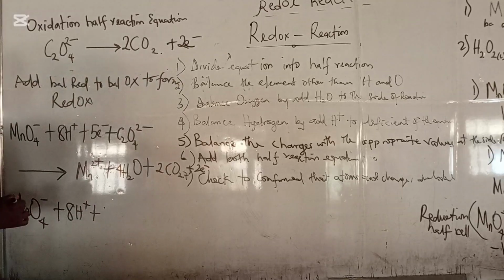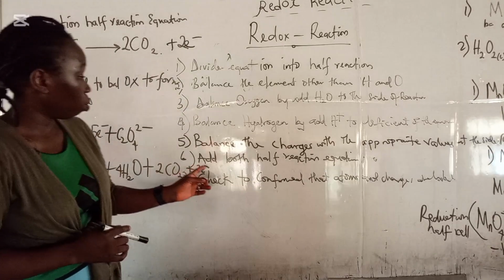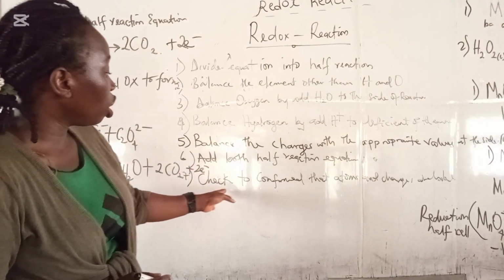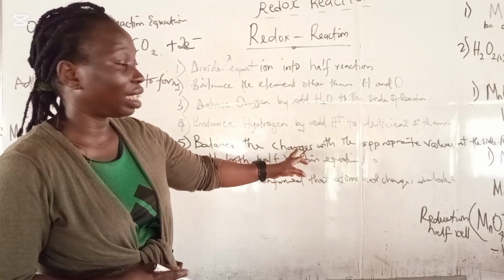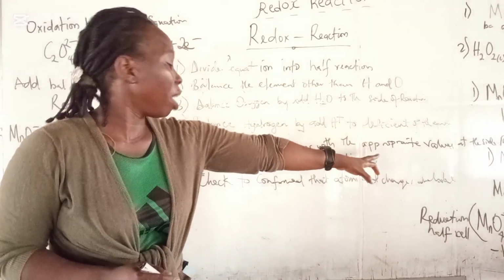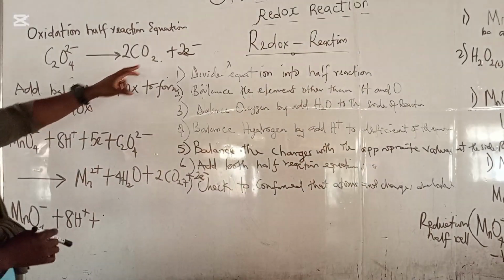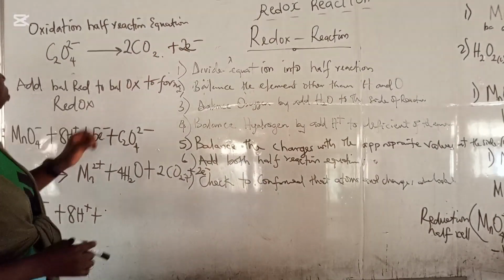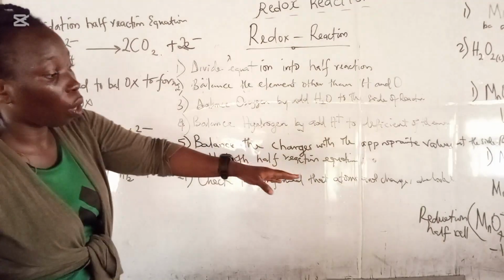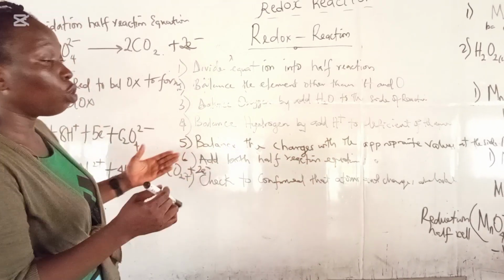Like I told you, you will need to balance the charges with the appropriate values at both half reactions. You see the charges here is 2, but the charges in the reduction is what? 5.